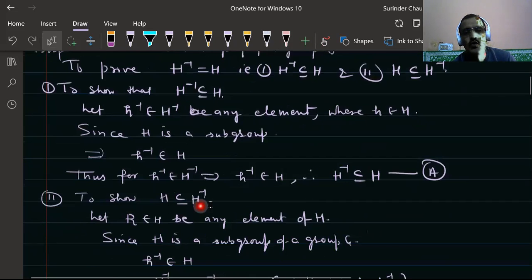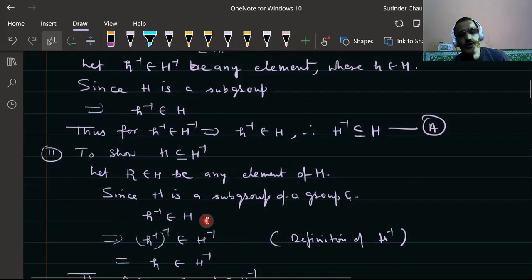Second part is to show H is a subset of H inverse. So let us take h belongs to H, any element of H. Since H is a subgroup of G, therefore h inverse also belongs to H. Taking the inverse of both sides, the inverse of h inverse also belongs to H inverse, by definition of H inverse.